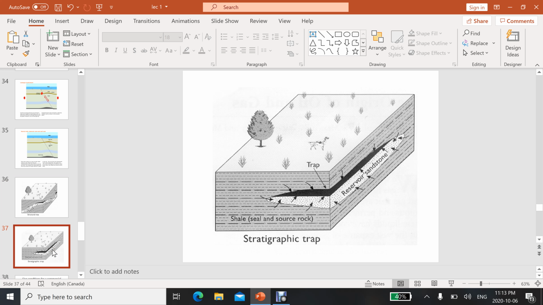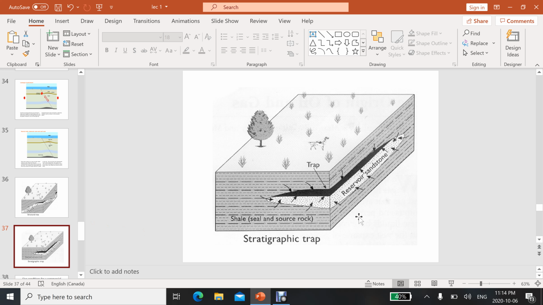Okay, here is another example. It is not necessary that your layers should be folded or make some structure. Even if they are in a straight line, or you can say the deposition is straight, there is still a possibility that some oil and gas will be accumulated in those traps.